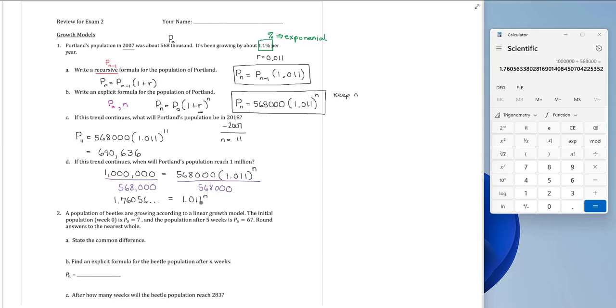Next, in order to isolate N, if your variable is your power, you need to take the log of both sides of your equation in order to change this to a multiplication problem.